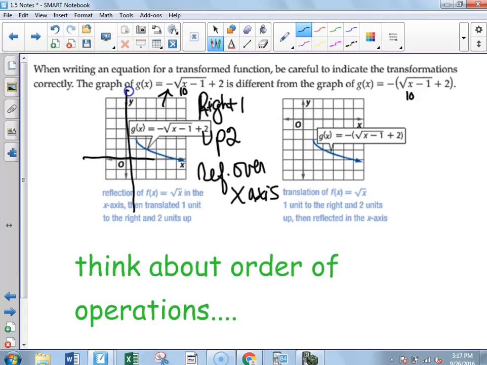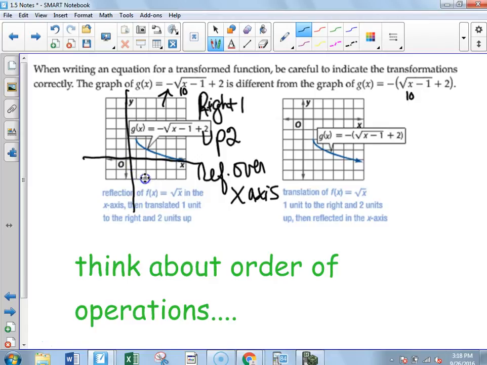Here's the x and y, guys. Okay, so it went right, up, and then it flipped over. Okay, right. It does say that, doesn't it?